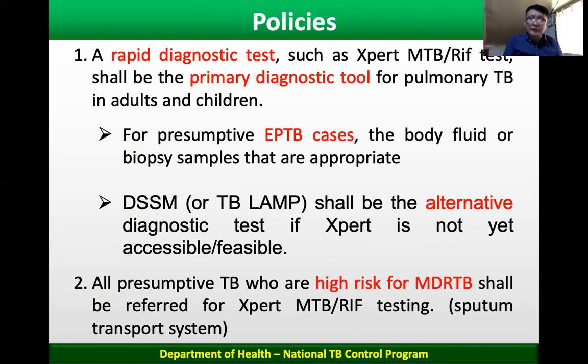For this year, we will have an additional 16 more laboratories and another 2, so that makes 18 RTDL. But it is not yet sufficient to cover all our population.